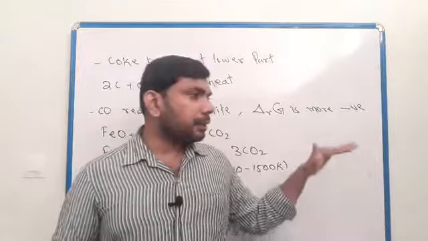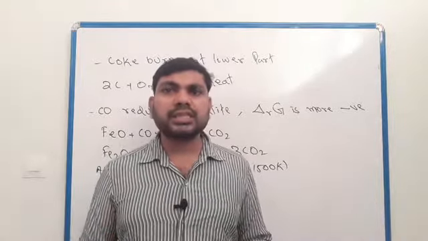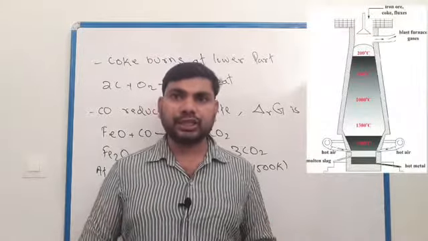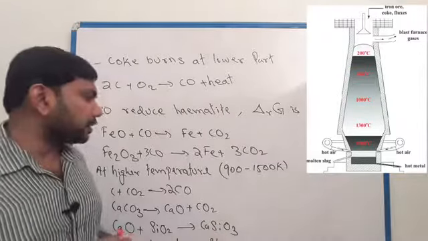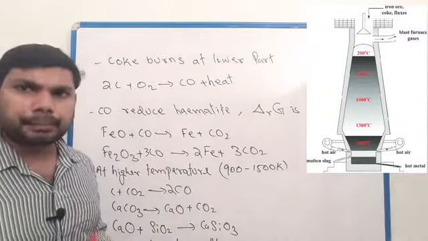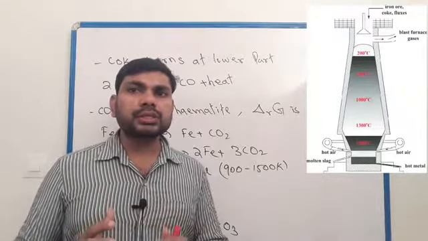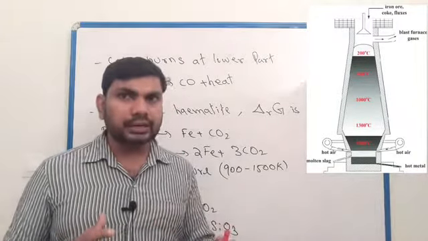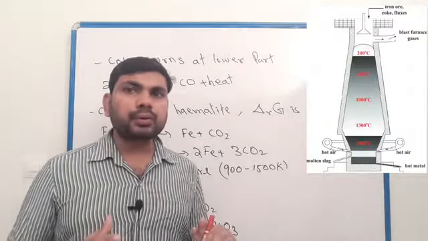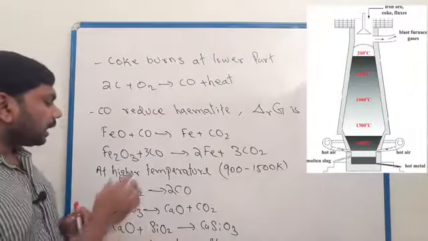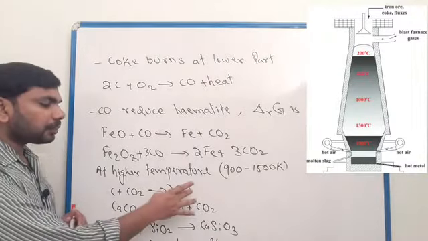Also, in the blast furnace, at the bottom part of the blast furnace, there will be very high temperature. At a high temperature, this chemical reaction happens. At a very high temperature, coke will react with oxygen to form carbon monoxide. This carbon monoxide also reacts with another coke, forming carbon monoxide.